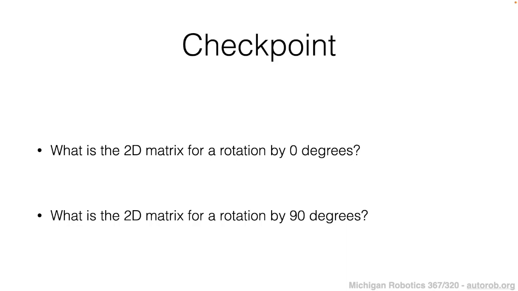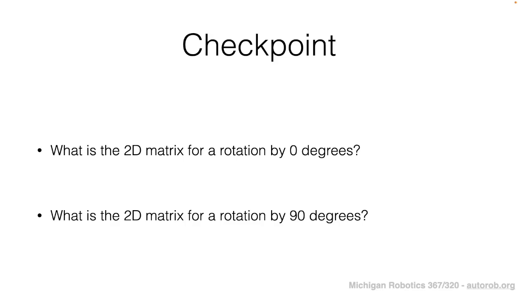So now that you've had a chance to think about these, we can go through them. In the first question, we're asking, what would the 2D matrix for a rotation by 0 degrees be? If you remember some of those trig functions, you can recall that this rotation matrix could be specified as the identity matrix. And in the second question, what is a 2D rotation matrix for a rotation by 90 degrees?